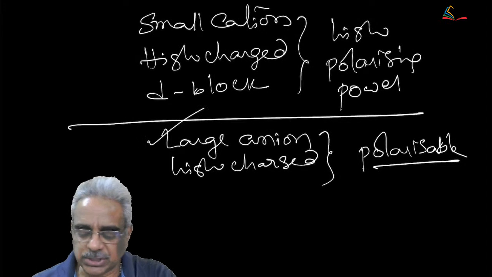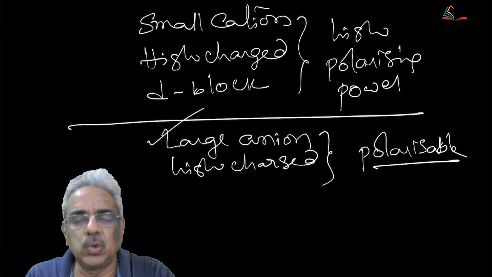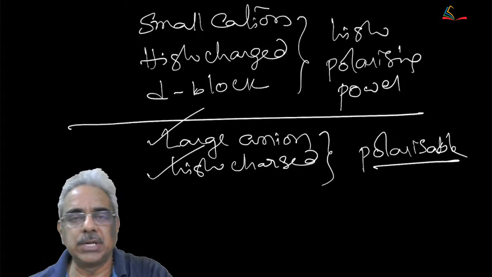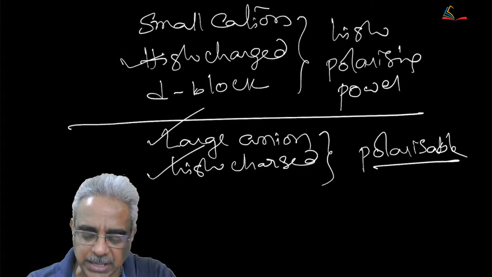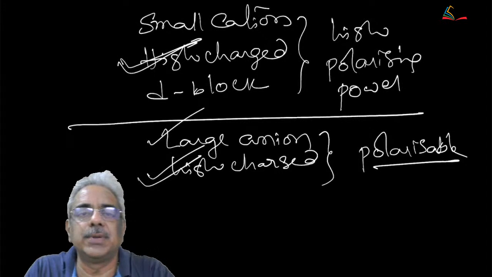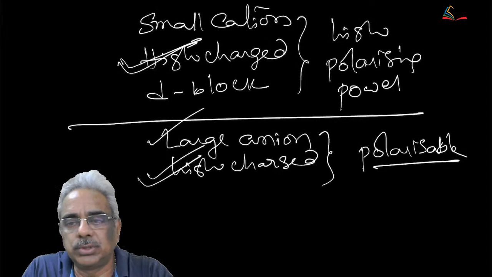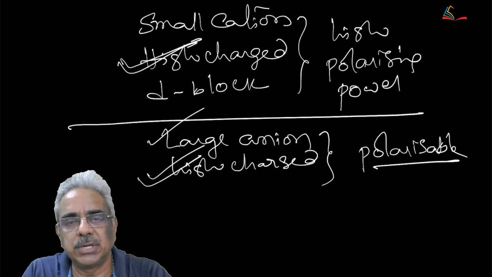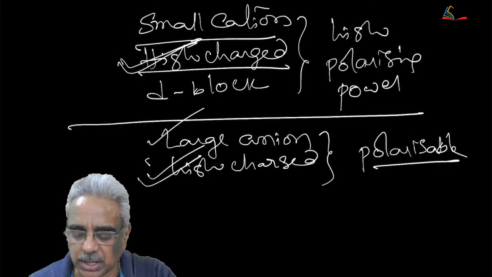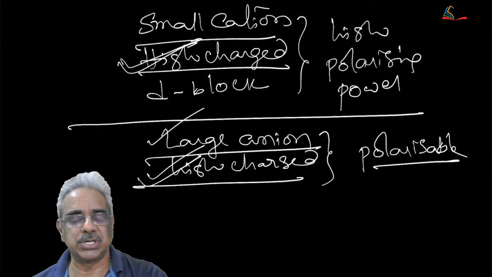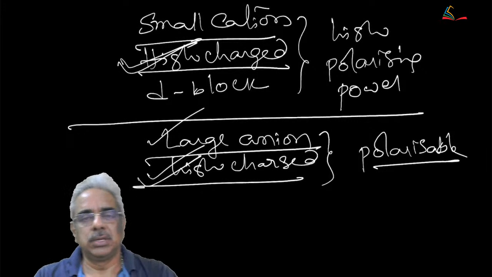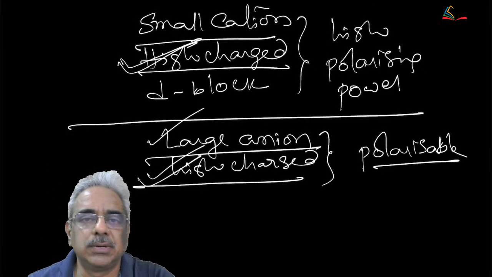So a large anion is not a good condition for ionic bond. Similarly, high charged anion is also not good. In a way, high charged cation and high charged anion both are not good for ionic bond formation. So what will happen when high charged cation and high charged anion are kept together? Definitely polarization takes place. Once polarization occurs, the bond becomes more covalent in nature.